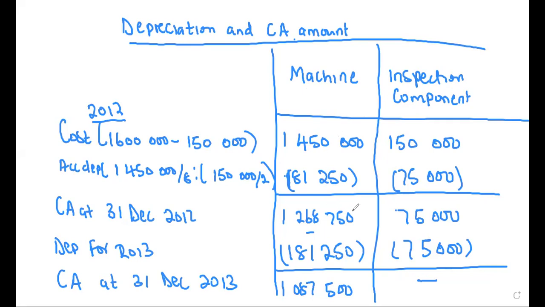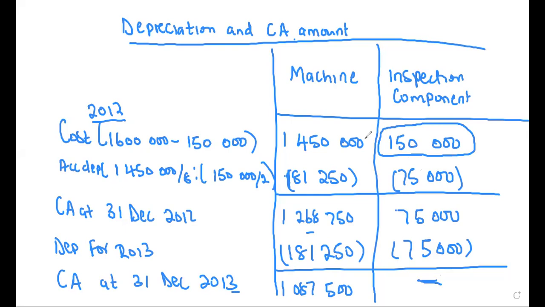And remember, after every 2 years, which means here in 2014, we are going to have a new inspection, which means we are going to have this 150,000 again in 2014. Then we start to depreciate it the same way until the main asset's useful life is finished.